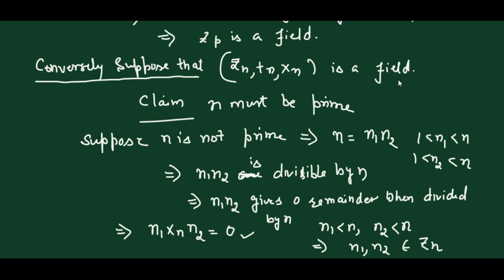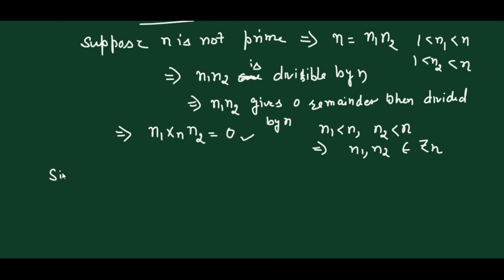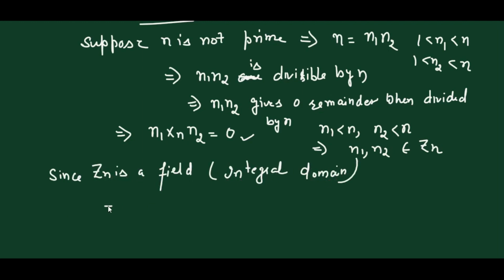Since Zn is a field, therefore an integral domain, therefore the product of two non-zero elements cannot be 0. So why is this contradiction here? Because we have assumed that n is composite, so n must be prime.